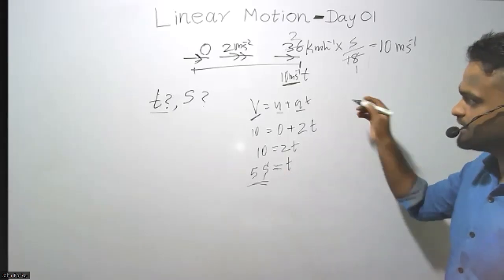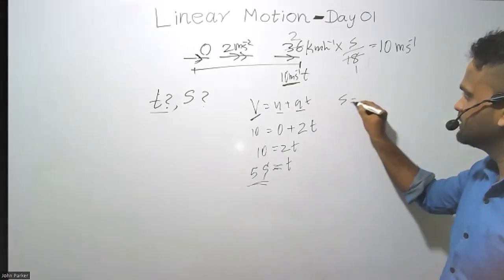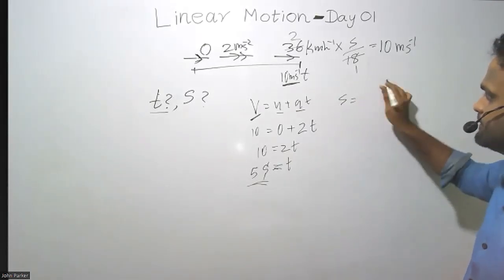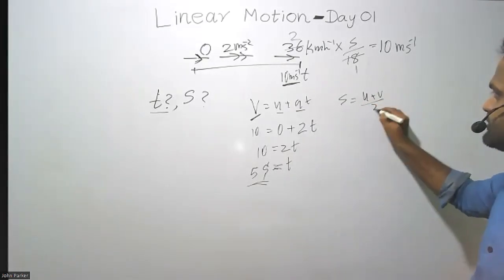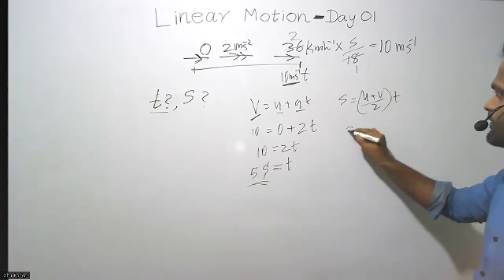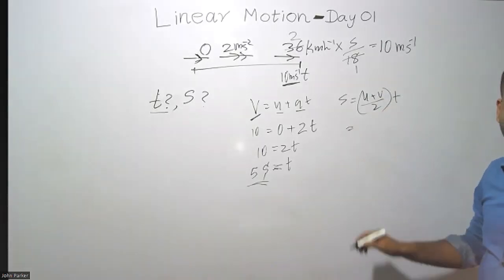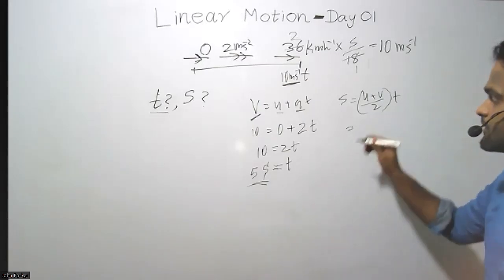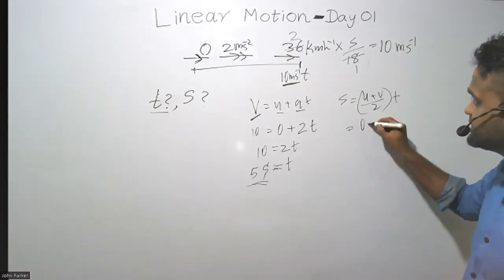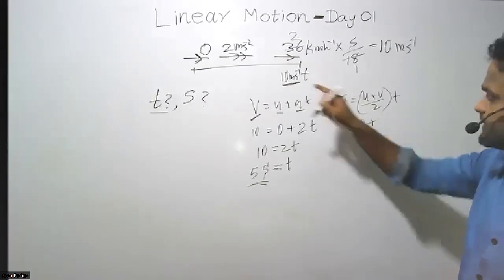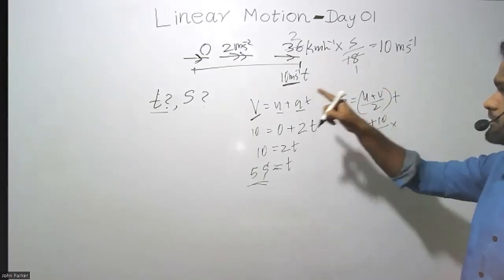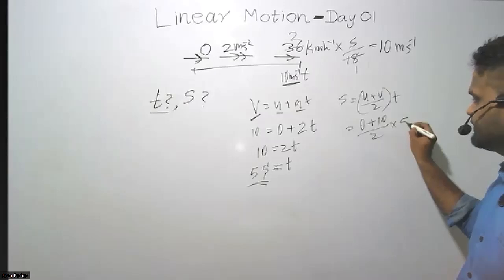Then to find displacement, you can apply any of these equations, or else you can apply s equals ut plus half at squared. Initial velocity 0, final velocity is 10, divided by 2, time is what we just found, that is 5.